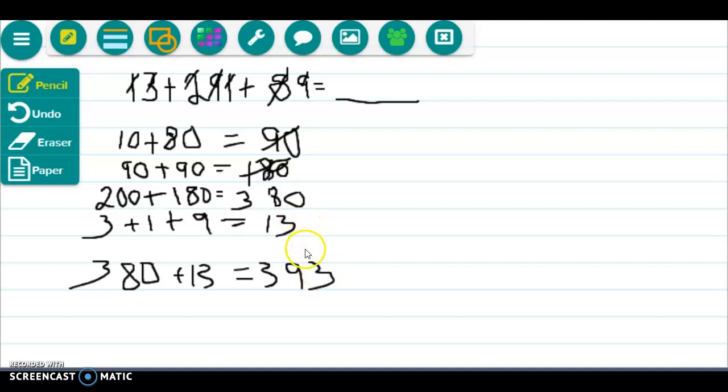If you got 393 as your answer, congratulations. Good job. If you didn't, please check your work, find out where you made your mistake, make sure you wrote the problem correctly.